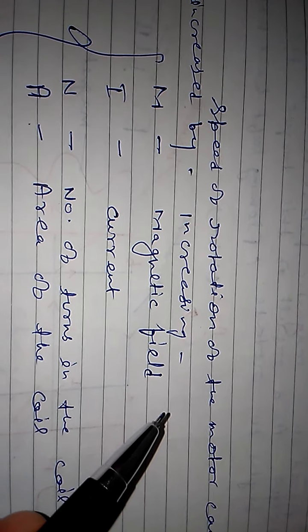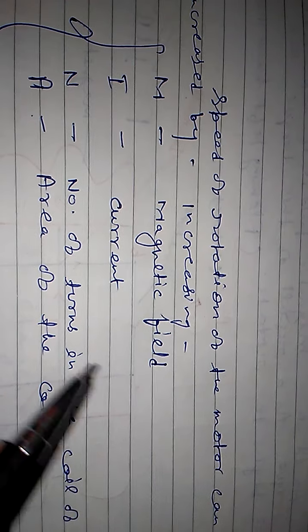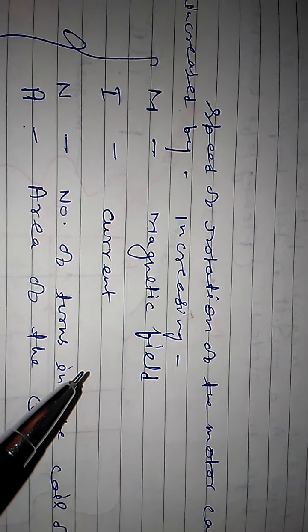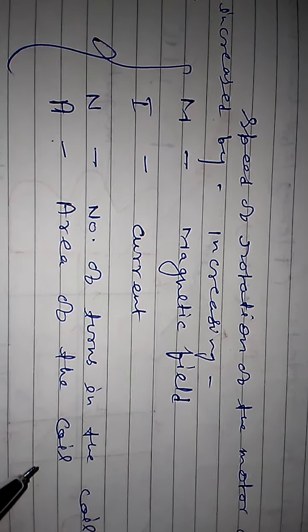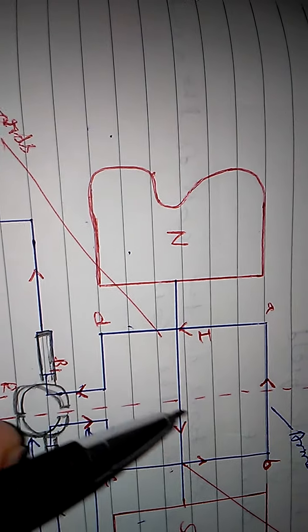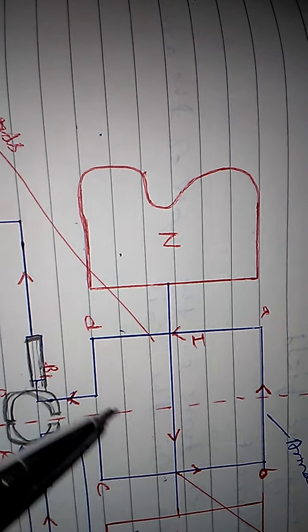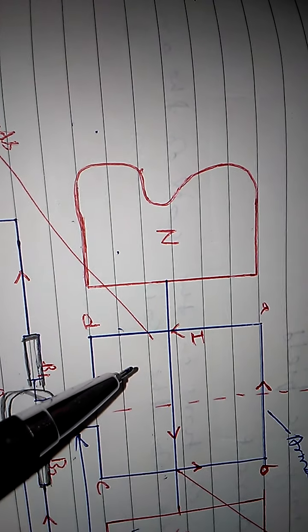It means if you increase the magnetic field, then the rotation of the motor will also increase. Second one is the current. If you increase the current through the coil, then also the rotation of the motor will increase. Third one is the number of turns in the coil of the armature. This means the number of turns of copper wire wrapped on the armature. The more the copper wire winding around this armature, the more will be the strength of the motor, means the rotation of the motor.